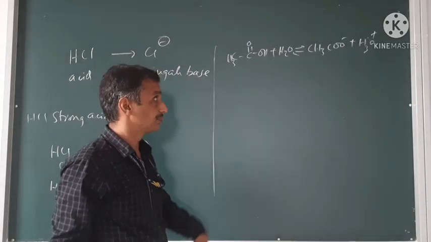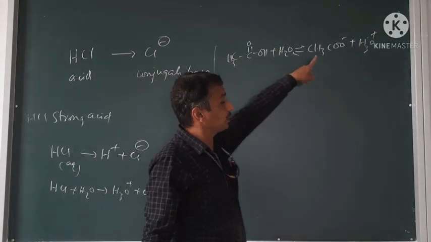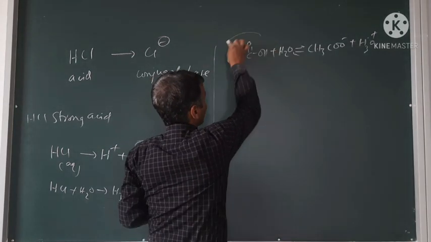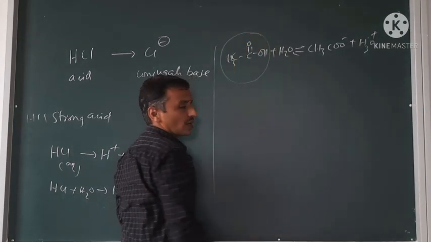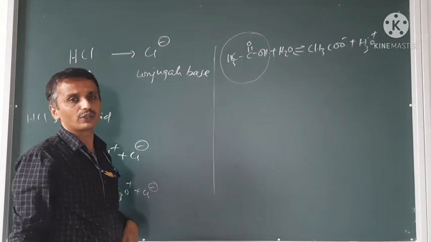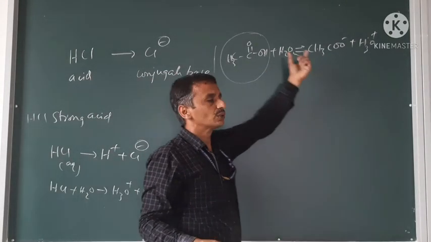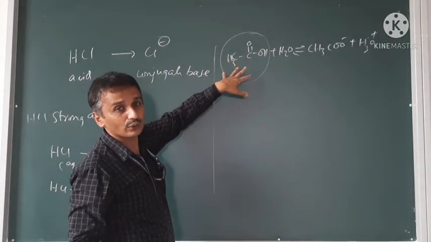But this ionization is to a lesser extent; the majority of the acetic acid remains as acetic acid molecules, not the acetate ion. So these are called weak electrolytes.